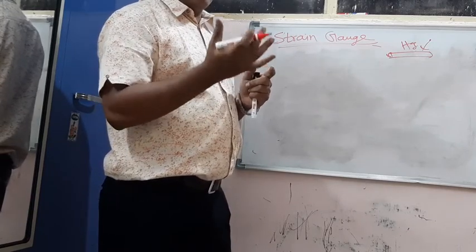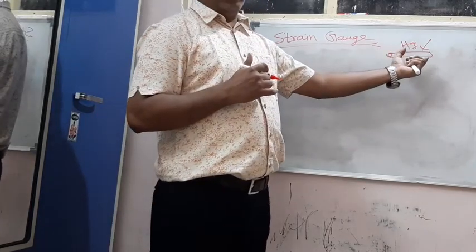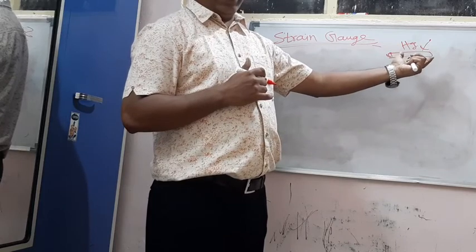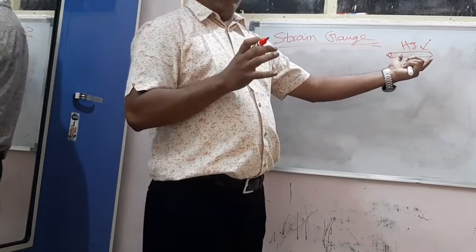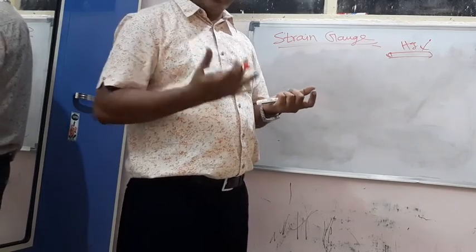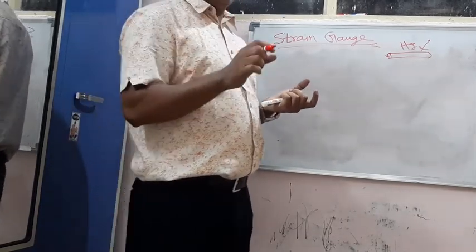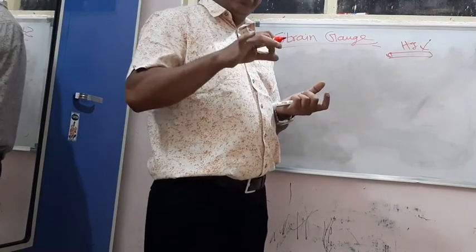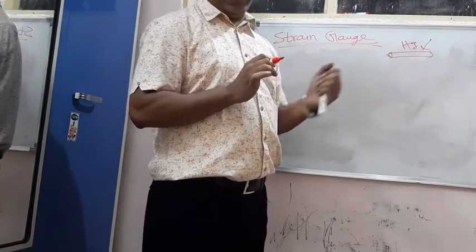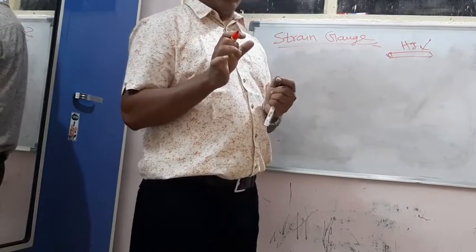Because of the external force or pressure variation, the mercury contained in the flexible layer deforms. This deformation is nothing but strain, and this strain changes the resistance of the mercury.